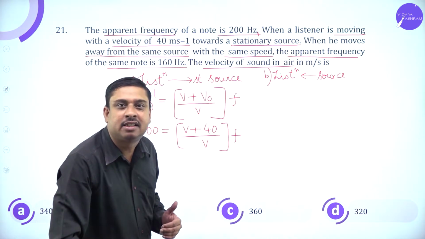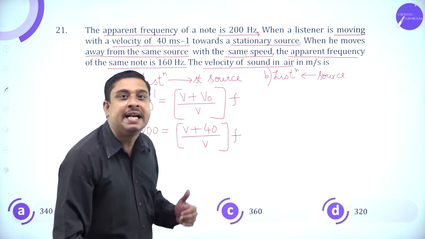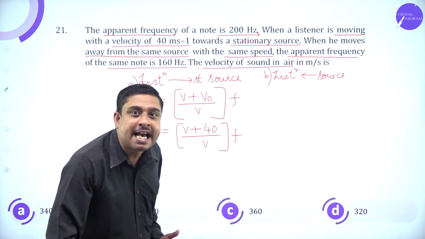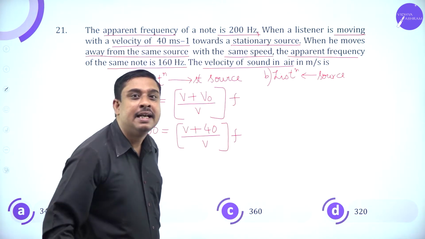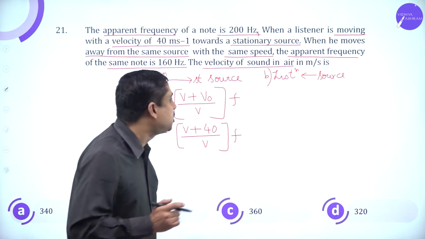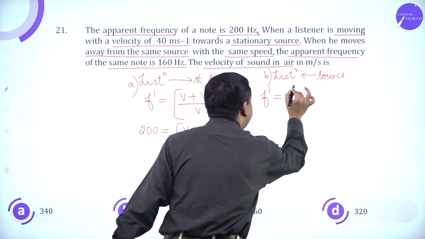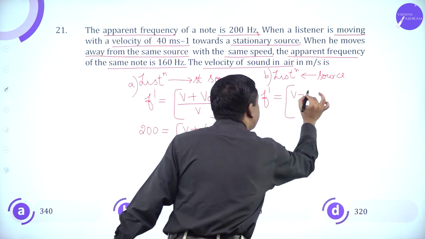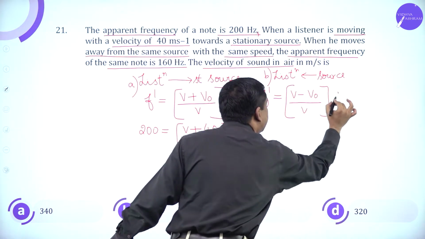Second case ಅಲ್ಲಿ ಏನಾಗ್ತಿದೆ? The listener is moving away from the stationary source with the same speed. In this case, what happens to apparent frequency? F dash is (V minus V naught) by V into F.